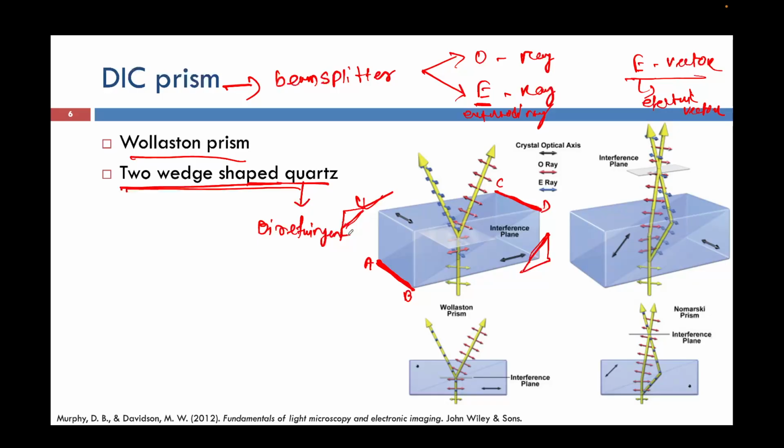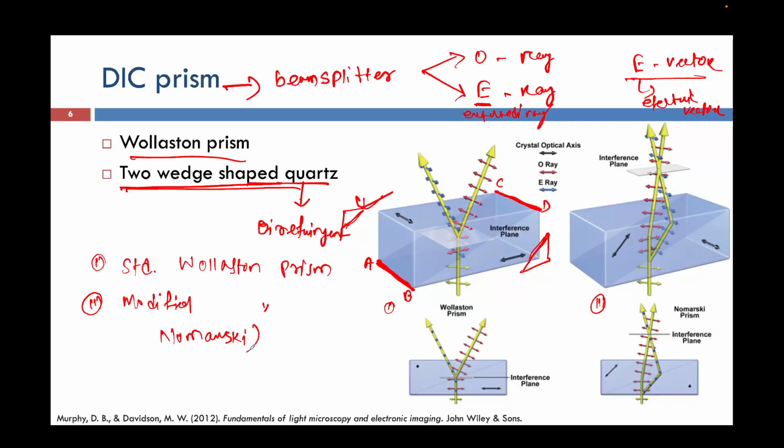Here if you can see, there are two different kinds, let's say this is picture 1 and this is picture 2. Picture 1 is known as the standard Wollaston prism, and picture 2 is known as the modified one, and this modified one is known as the Nomarski.